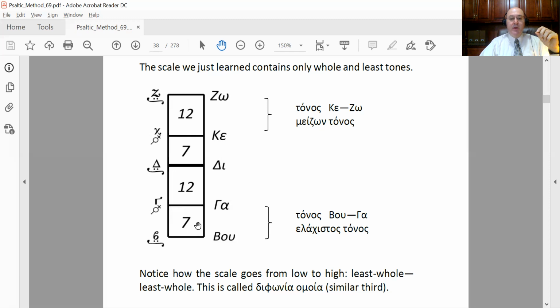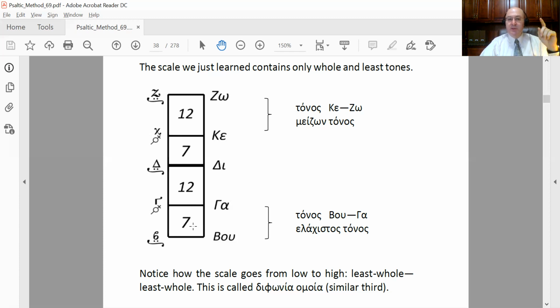And when you see the number 7, we are going to call that elachistos tonos, which basically translated means the least tone. Don't let that fool you, because later we are going to learn about tones that have less than 7 in value, but that's just a name for the tone.